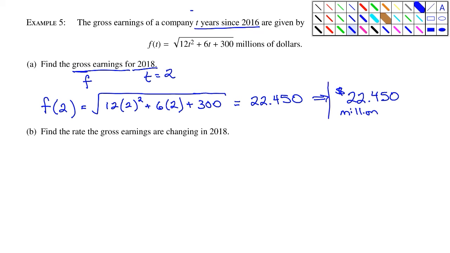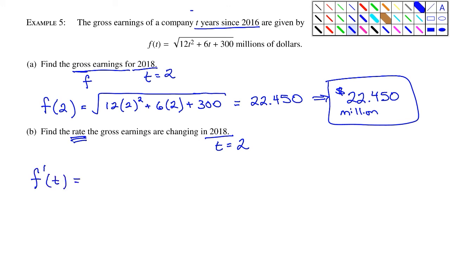Part B, find the rate the gross earnings are changing in 2018. So again, 2018 is t equals 2. Rate says take a derivative. So let's find the derivative of that function first. f prime of t. And the question is, what is the outer function? Well, the outer function is the square root function.